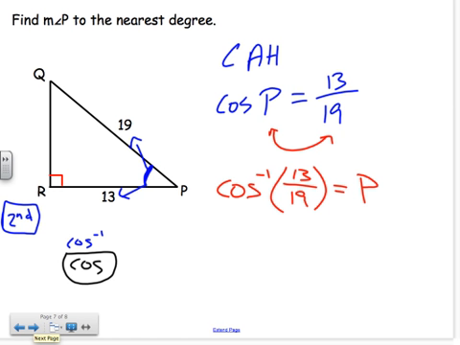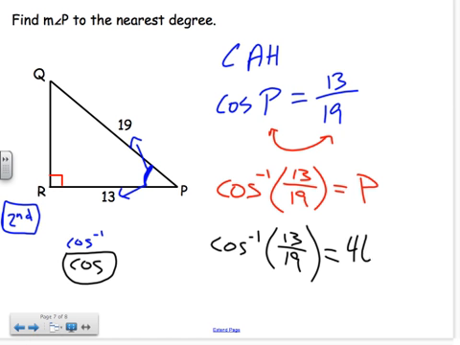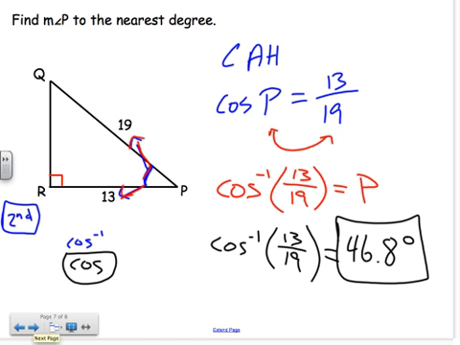Then you just type this in: second cosine gives you cosine -1 with the left parenthesis, and you type in 13 over 19, end your parenthesis, and hit equals. You end up with 46.8 in degrees because it is an angle measure. So if you want to find an angle, it's just the inverse of whatever trig ratio you use. In this case, it was cosine because I knew the adjacent and the hypotenuse for the CAH.